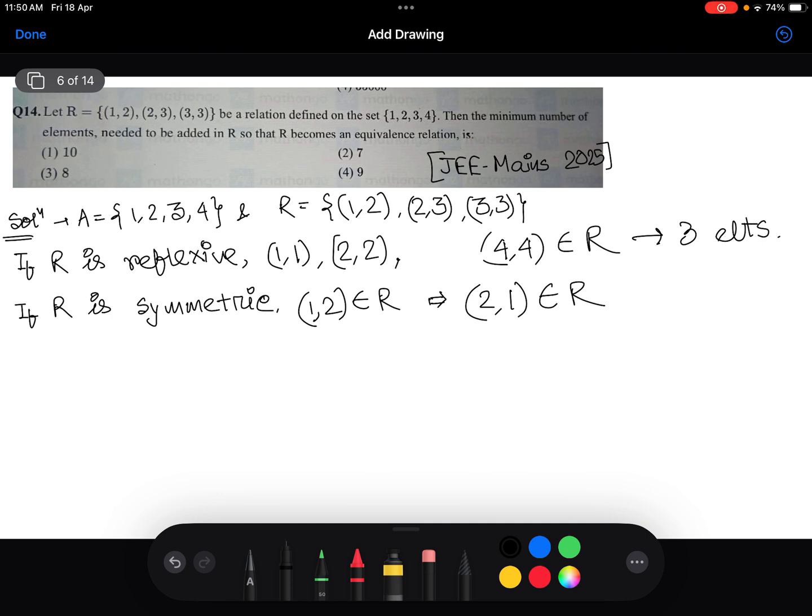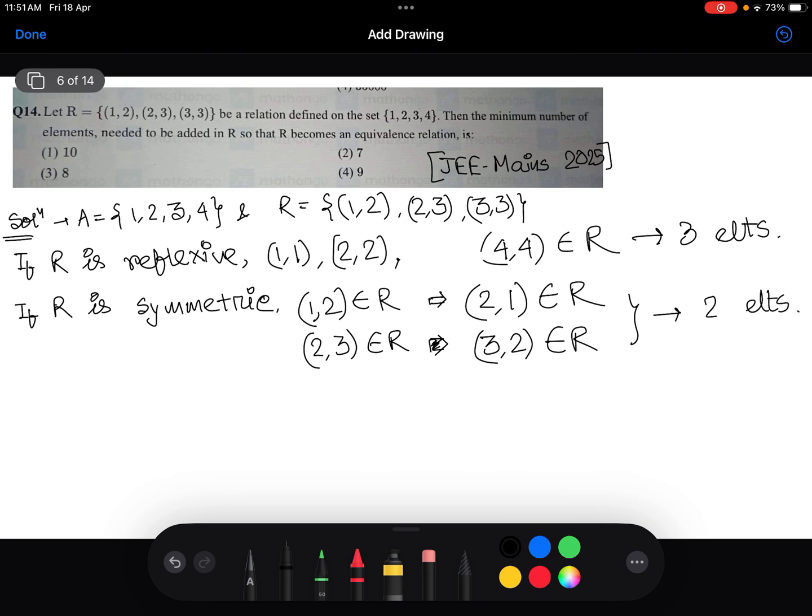Similarly, (2, 3) is in R, that implies (3, 2) also needs to be in R, otherwise it will fail the symmetricity. From here we get 2 elements.